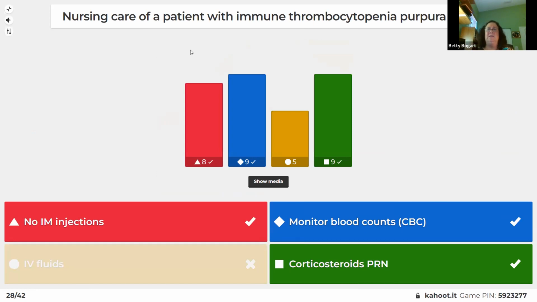ITP has nothing to do with needing to dilate vessels because there's a lack of blood flow. That is nothing. It has to do with bleeding, okay? So IV fluids for sickle cell. It is not for ITP. You don't need to make the volume bigger. There's no problems with blood flow, but no IM injections. You're going to look at that CBC, look at those platelet counts, and then those corticosteroids as we need to treat it.